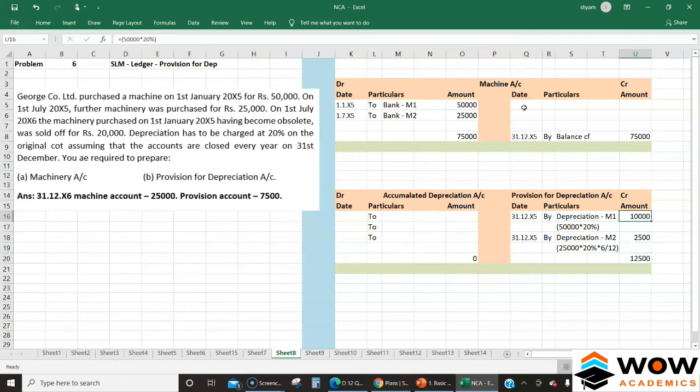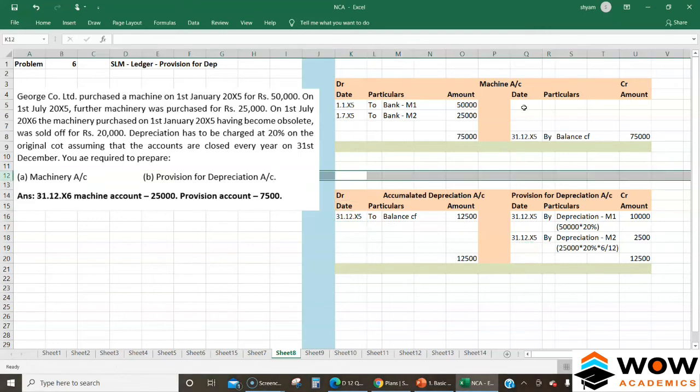Now we have to tally this side. So we have the balance carried forward, which comes to 12,500. This value would be on the closing side. So we have two numbers now.